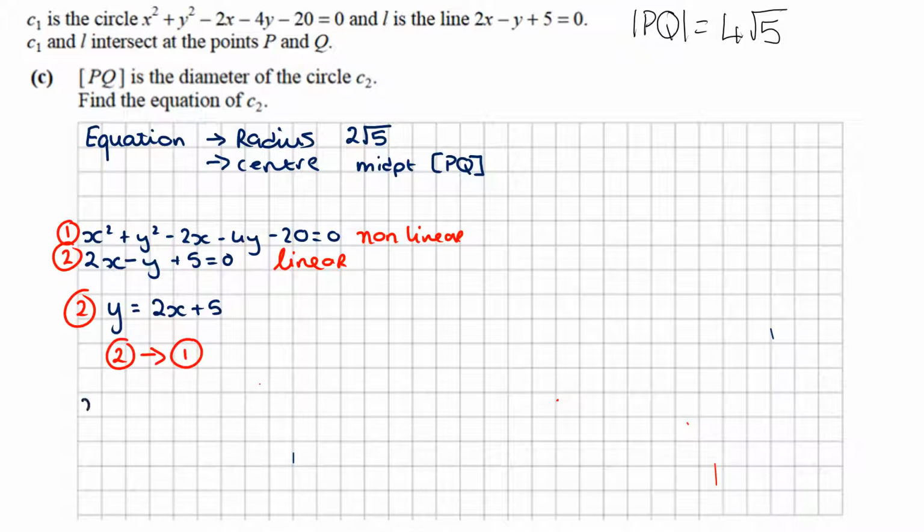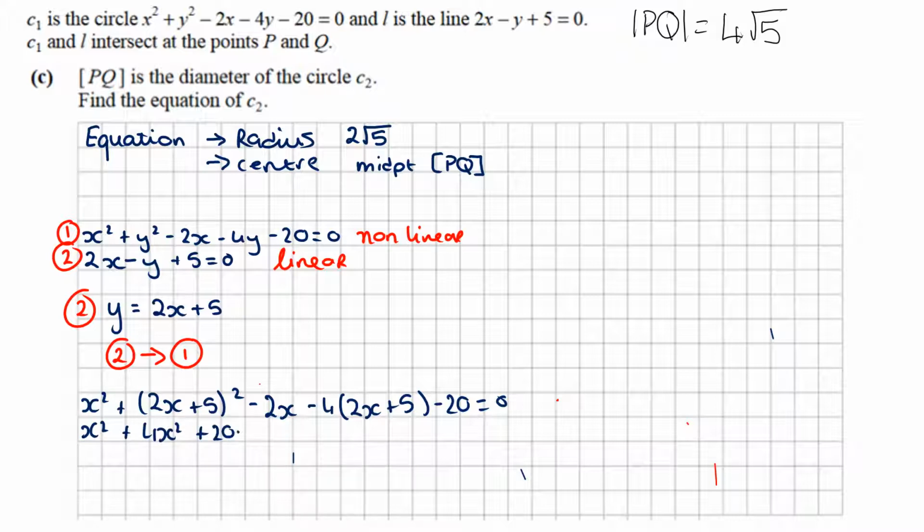So we get x squared plus (2x plus 5) squared minus 2x minus 4 times (2x plus 5) minus 20 equals 0. x squared plus 4x squared plus 20x plus 25 minus 2x minus 8x minus 20 minus 20 equals 0.